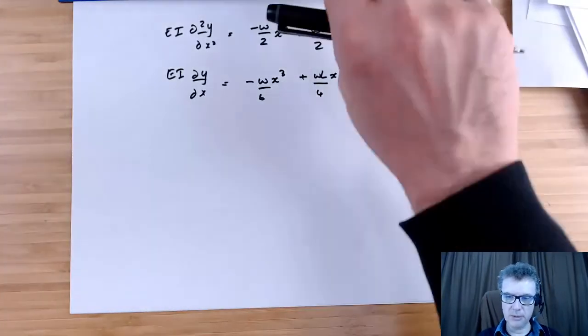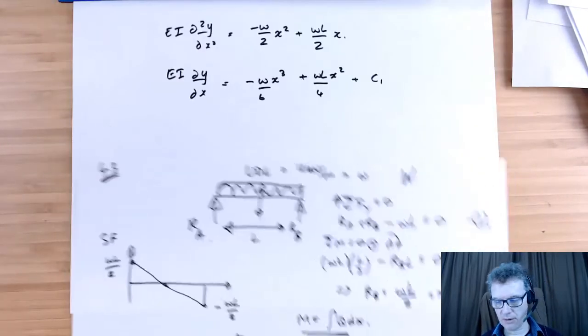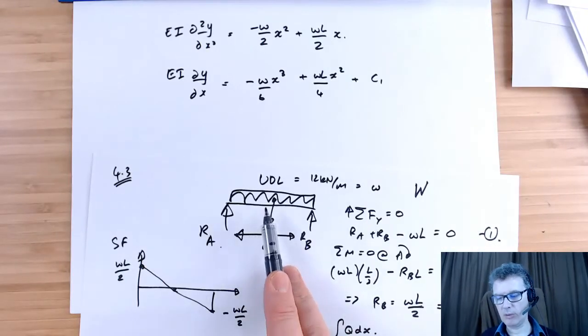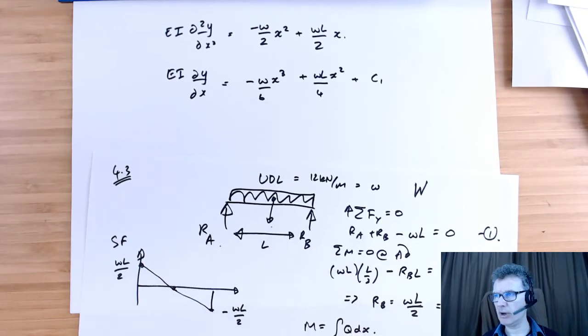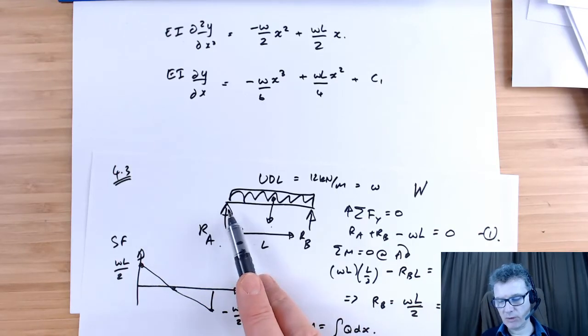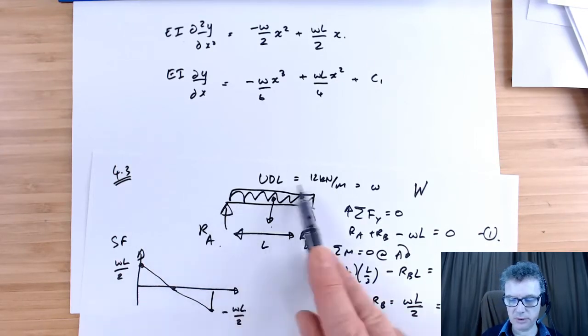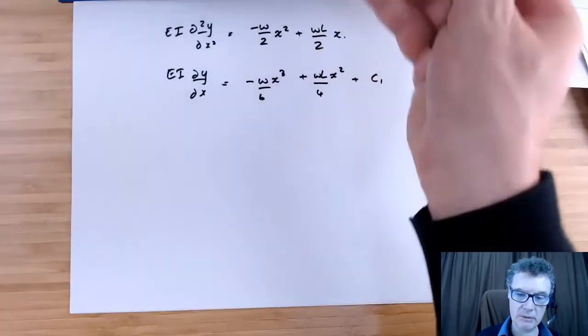That won't always work. If we applied a UDL, yeah, kind of be the case, won't it? But you can get distributed loads which are sort of like triangles, for example. So something like that, symmetry you couldn't use, but hey, why not?